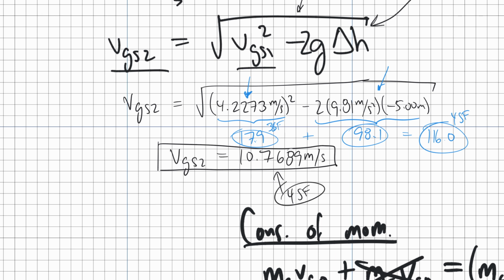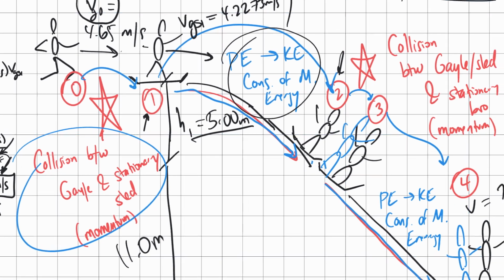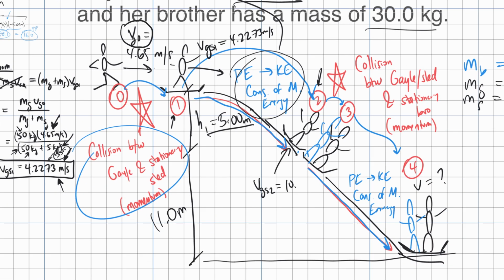Luckily, the book doesn't really care, and this problem is inordinately involved, right? Because we just have to keep doing stuff. So 10.7689. All right, 10.7689. So now we're down here. So at 2, the velocity of Gale and the sled, I think we've been calling it V_GS at position 2, is 10.7689.